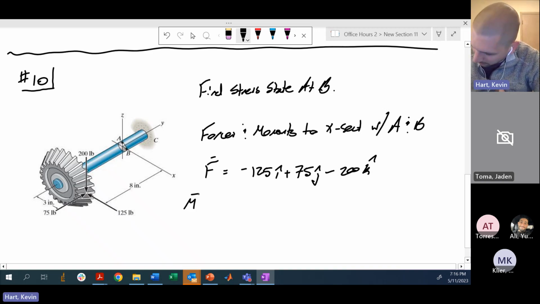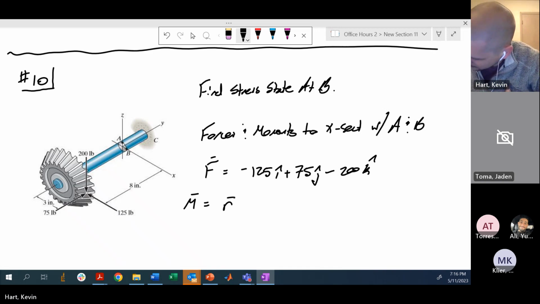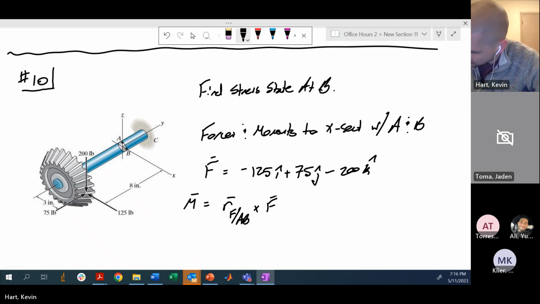And now I got to think about my moments. And the moments is the position vector from the cross-section AB arriving at F, let's just say, arriving at F from AB, crossed with that force. And my position vector is here. So this looks to me like 3 I hat, so 3 in this direction, minus 8 J hat.